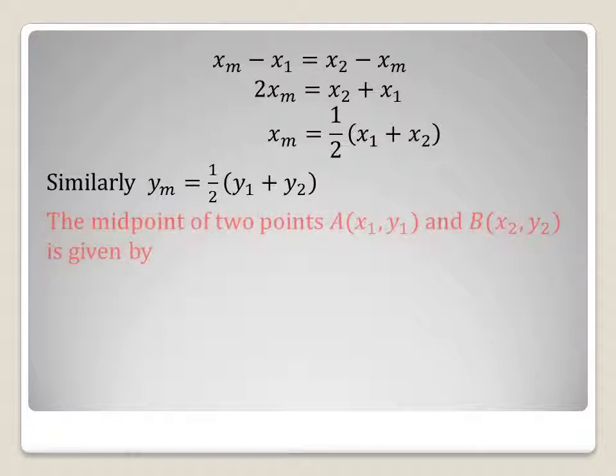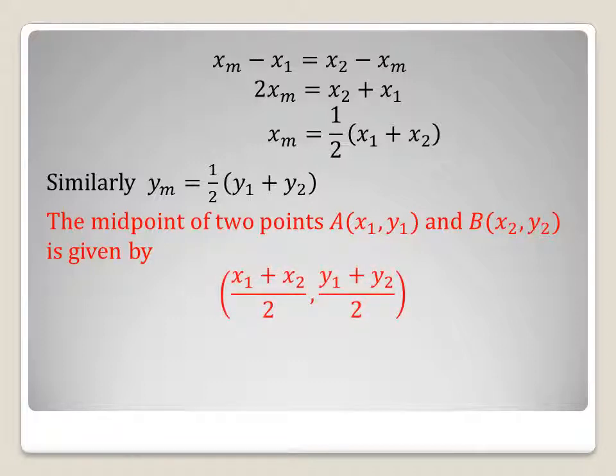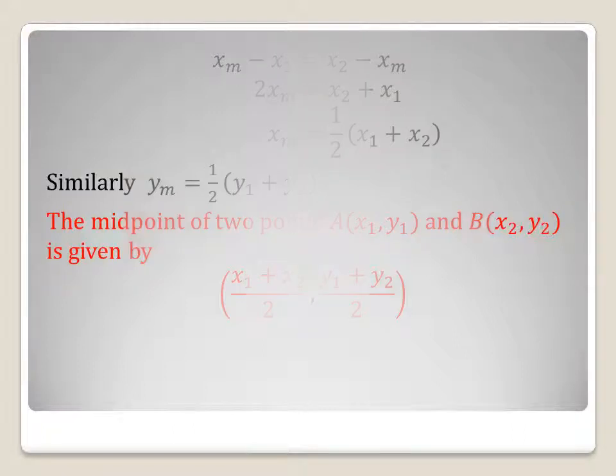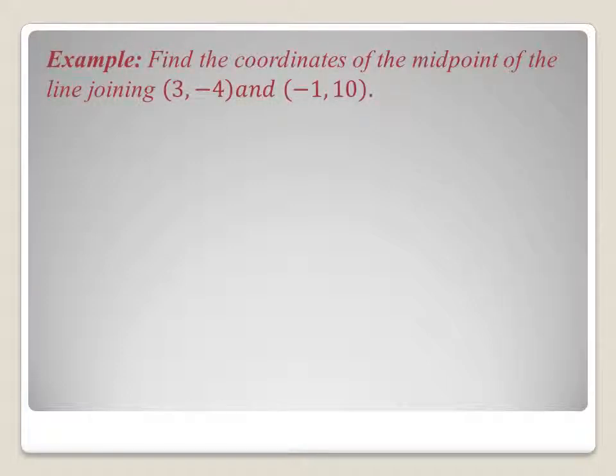In general, therefore, the midpoint of 2 points A (x1, y1) and B (x2, y2) is given by (half of x1 plus x2, half of y1 plus y2). Let's do this example. Find the coordinates of the midpoint of the line joining (3, -4) and (-1, 10).